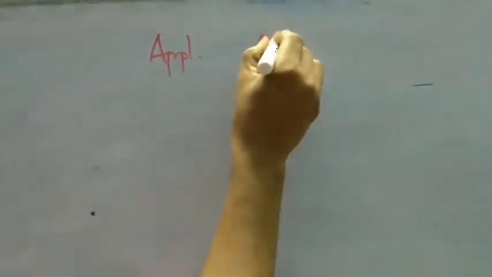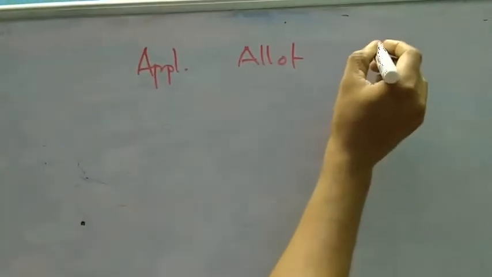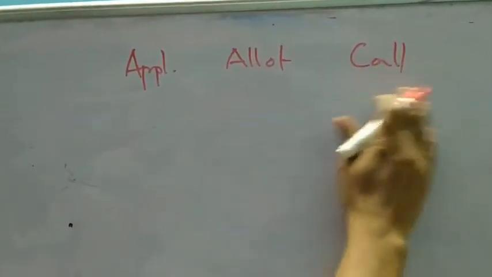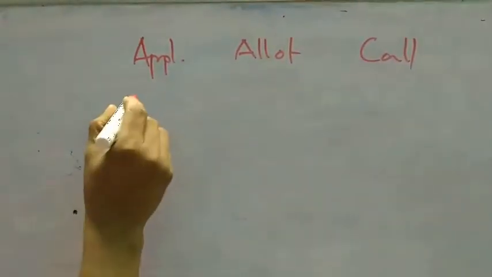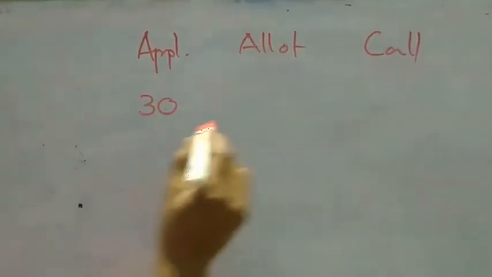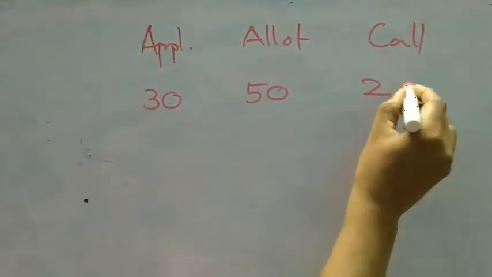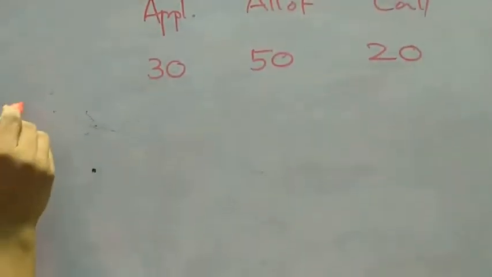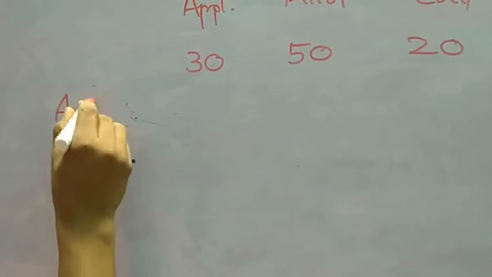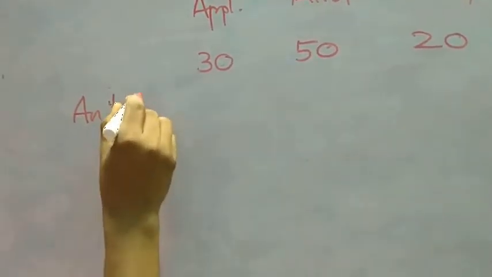Here application money is 30, allotment is 50, call money is 20. Two people are there. One is Anil, who got 8 shares.